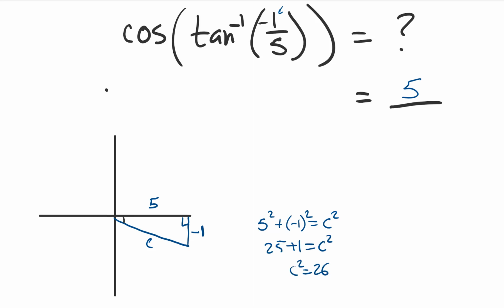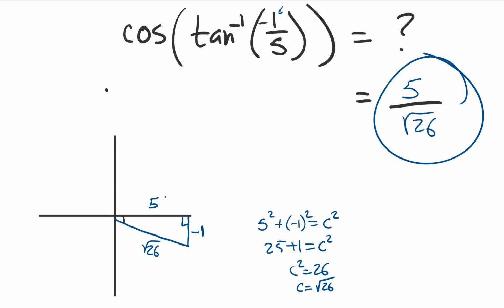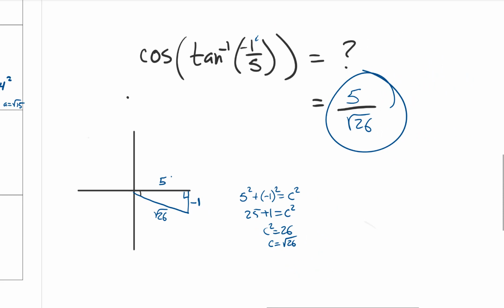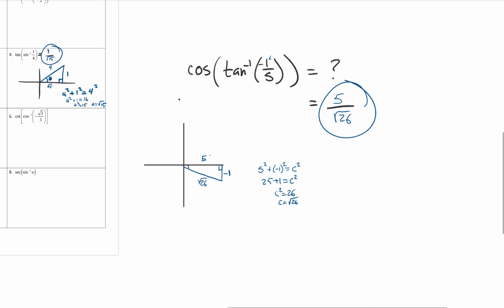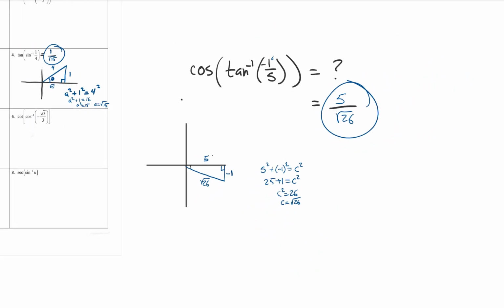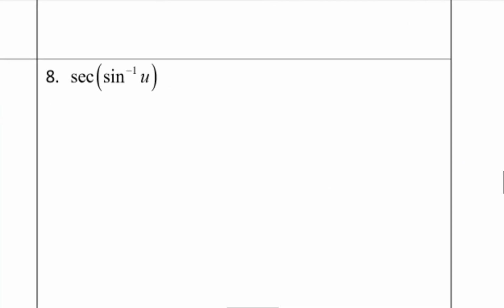C squared is equal to 26, and c is equal to the square root of 26. Looking at this triangle, it's the adjacent over the hypotenuse, 5 over root 26, and there's your solution. There's your game.